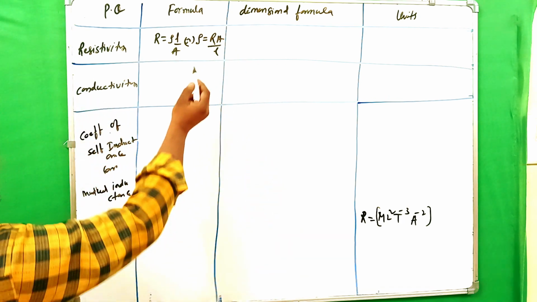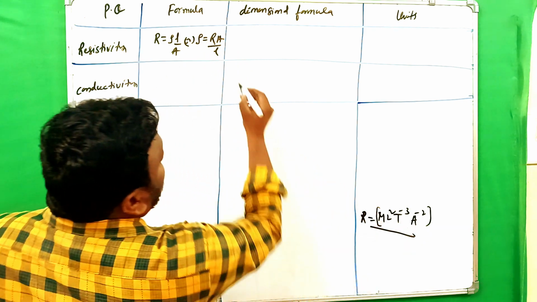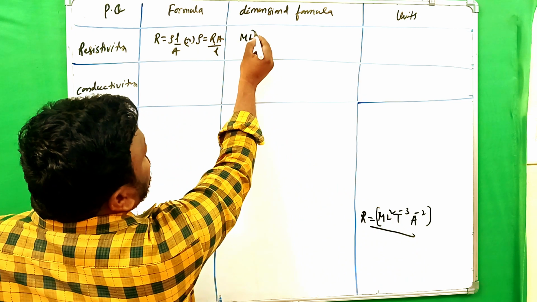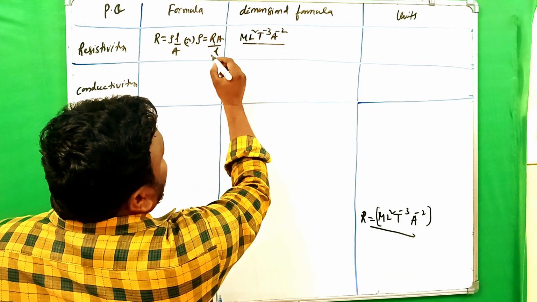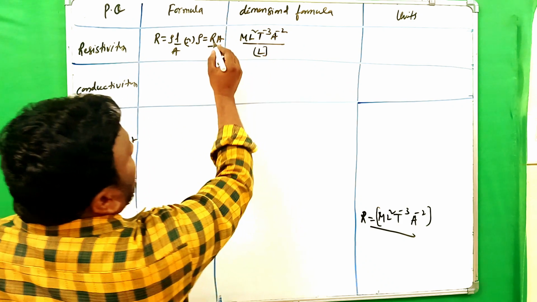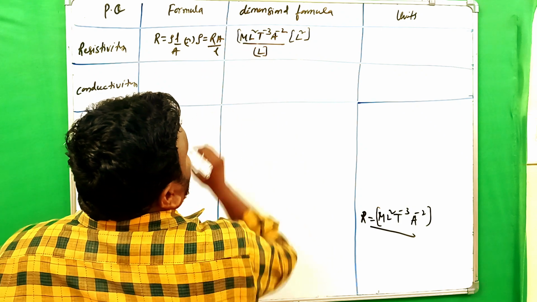So we already discussed the dimension formula of R. Already it is there: M L square T inverse 3 A inverse 2, divided by length and area L square. Clear?